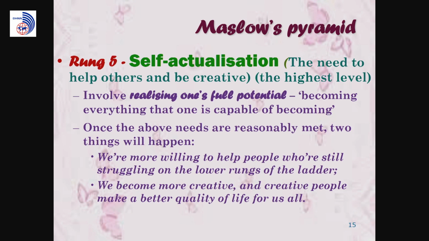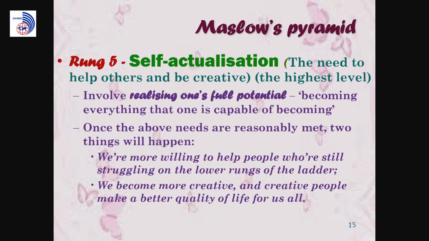So once the above needs are reasonably met, 2 things will happen. We are more willing to help others who are still struggling with the lower rungs of needs, and we become more creative. And creative people make a better life, and that is something you aim for.